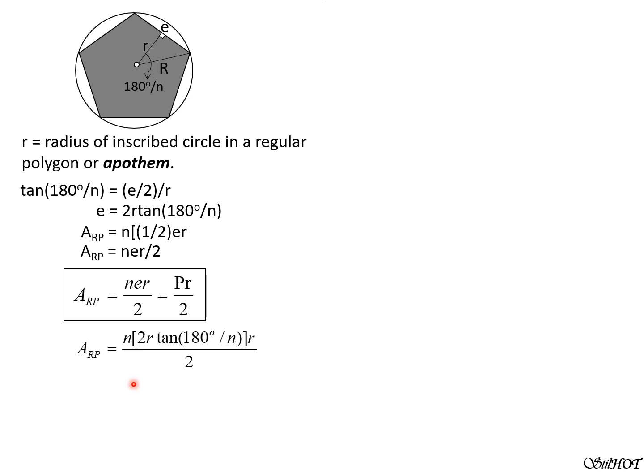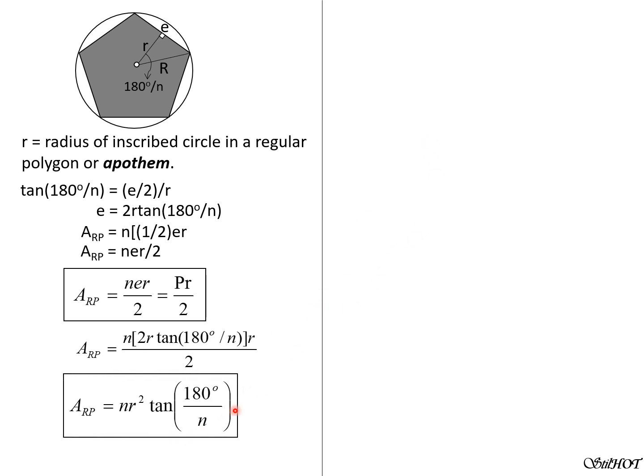So area of regular polygon is nR squared tangent of 180 degrees over n, or "n R squared tan". That's my technique of memorizing that formula, if I'm going to memorize. But as I said, solve for big R so that you don't worry anymore about the area of the regular polygon.